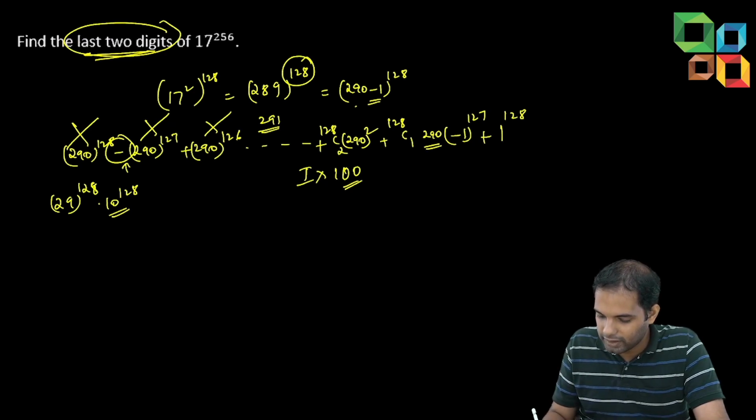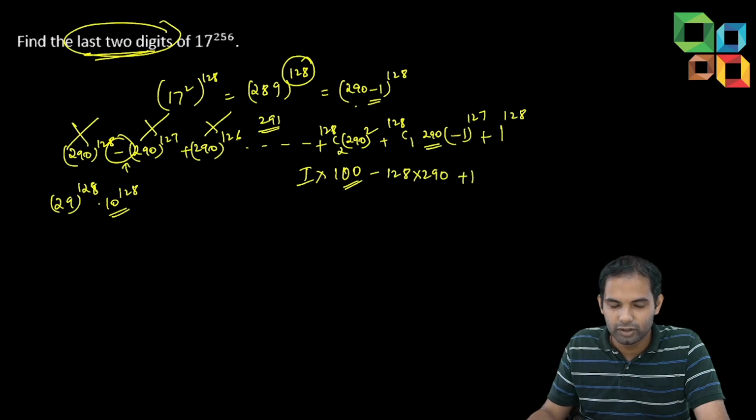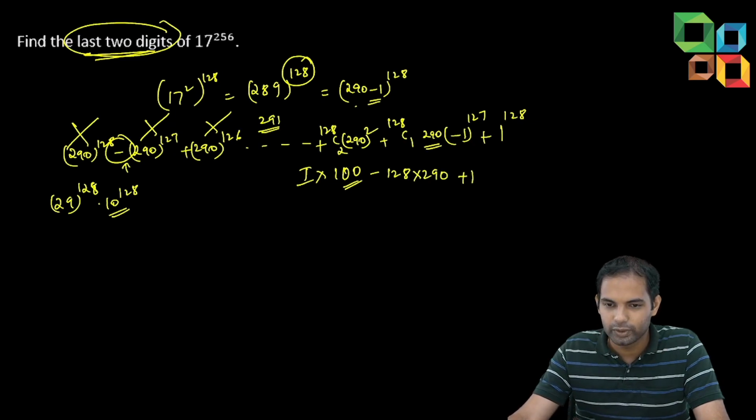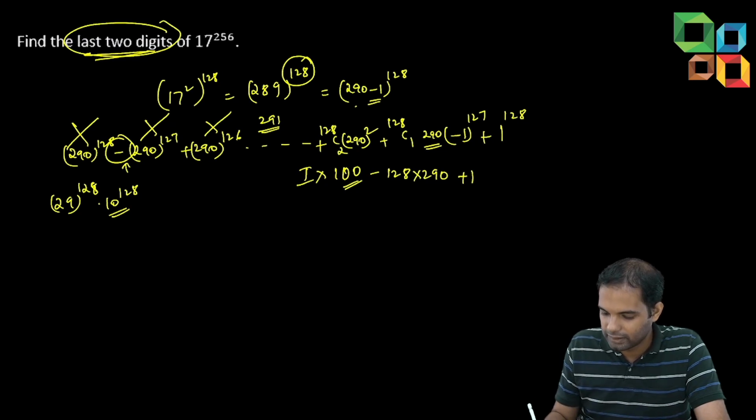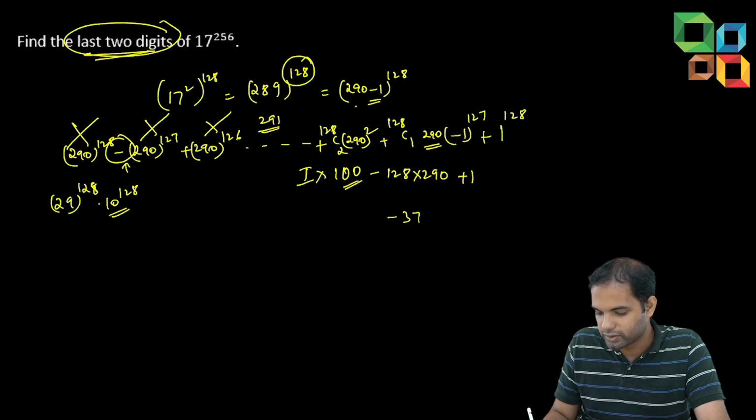Here, what do you have? This is minus 128 into 290, plus 1. Great. So we can multiply 128 and 290. Let me just tell you what it is: minus 37,120.